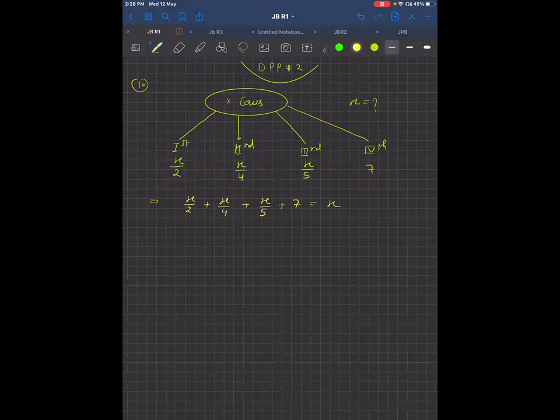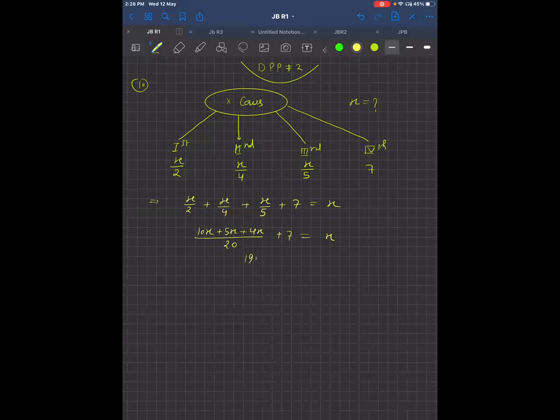Now we need to solve this one. See, I'm writing terms of x on one side and other things on the other side. First let me take the LCM in these three. LCM is 20. So here I'm getting 10x plus 5x plus 4x over 20, plus 7 equal to x.